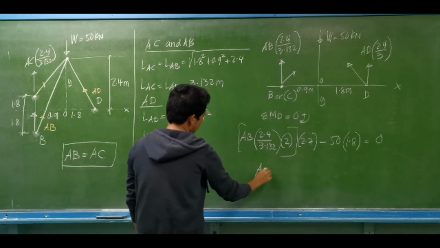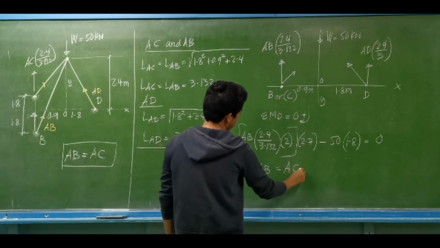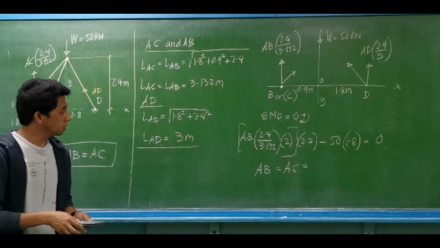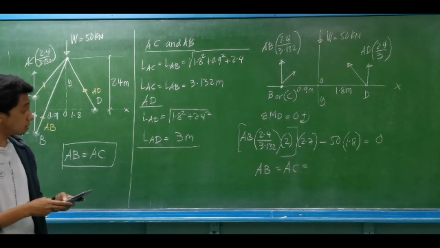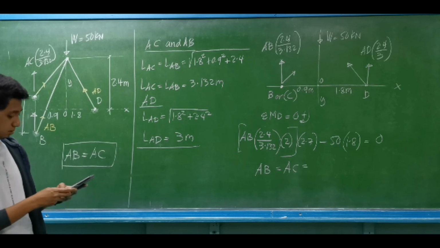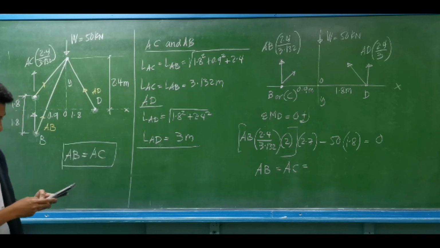So the axial force for member AB is the same as the axial force for member AC. This is the same as 50 multiplied by 1.8, divided by 2.7, divided by 2, divided by 2.4 over 3.132.